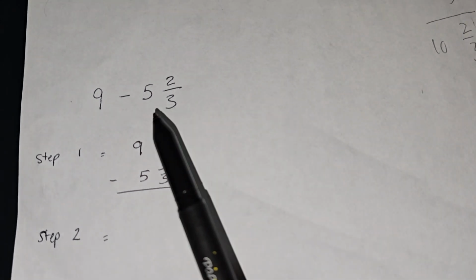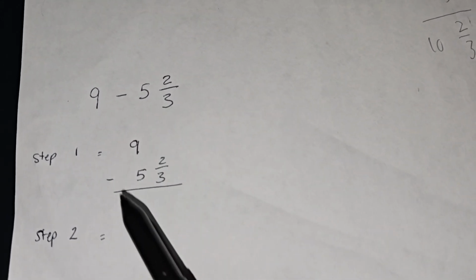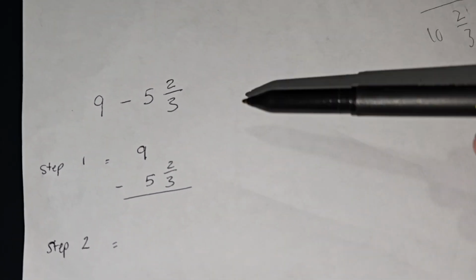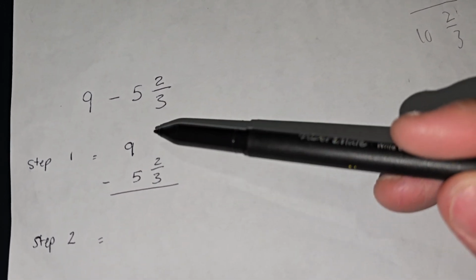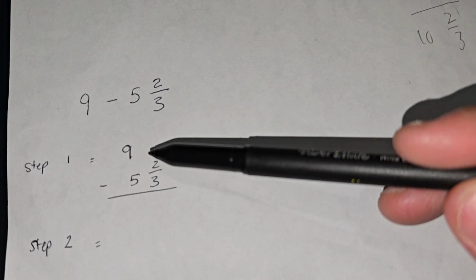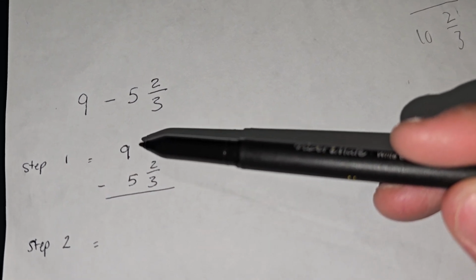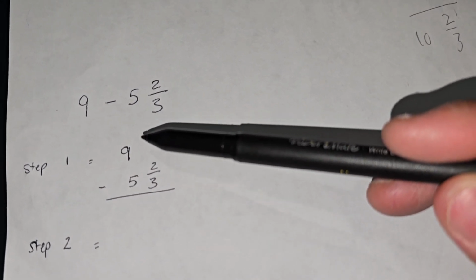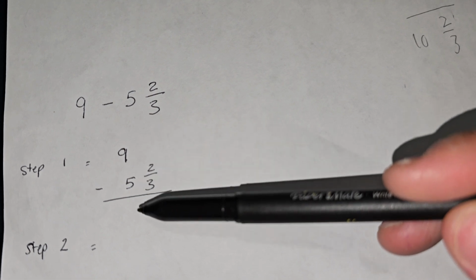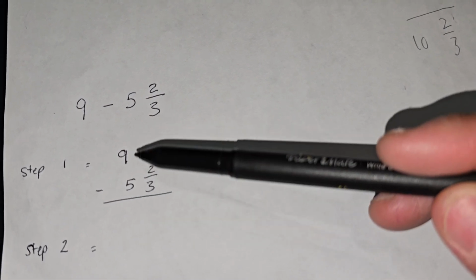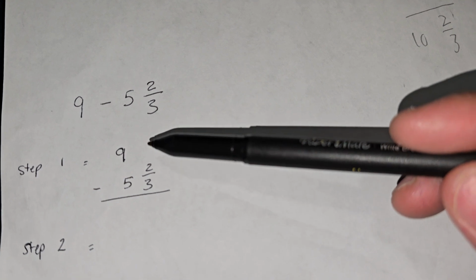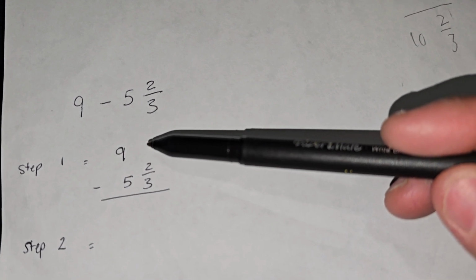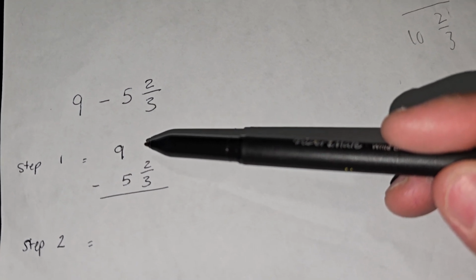Okay, so the first thing we do is we still have to line up the fractions vertically. And remember that the 9 here, there's no little fraction over here, so that might be confusing to you, but just remember to line up the whole number to whole number, and then the fraction to the fraction. And even though it's a blank spot here, just write it like that.